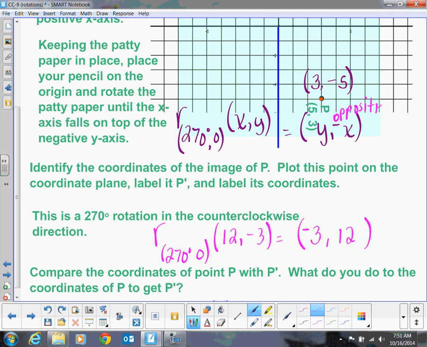So we take the y value, which is -3, and we take the opposite of the x. That would be its 270-degree rotation. So on your homework tonight, you're going to be given lots of ordered pairs, and you're going to be asked to do different rotations.